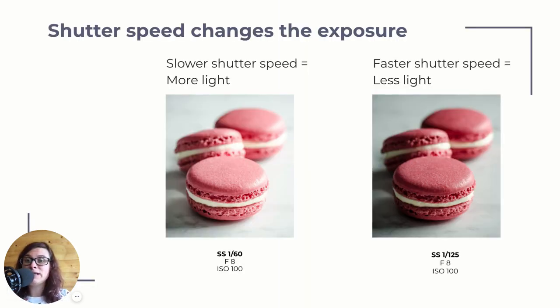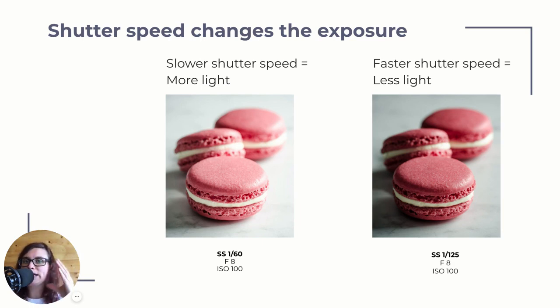So as we mentioned, shutter speed changes the overall exposure of our images, meaning if you leave the aperture and the ISO constant, by changing the shutter speed, you will change the overall exposure. If you use a slower shutter speed, so a lower number on your camera display, because the curtains open and close more slowly, more light has time to hit the sensor.